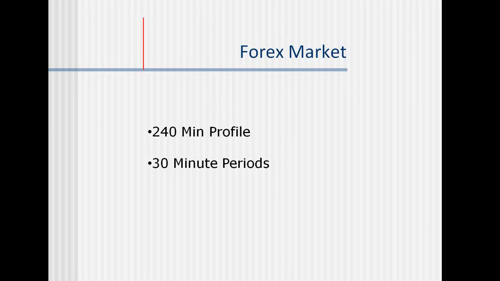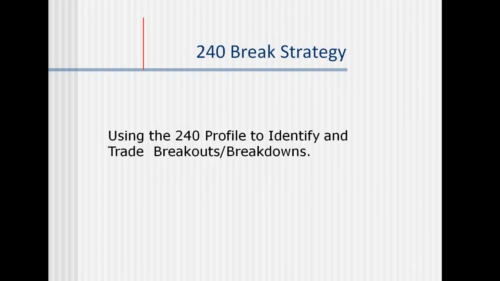I will instead be using a 240-minute profile and 30-minute periods, and we're going to be looking at what we call the 240 break strategy. The 240-minute profile is more in alignment with an intraday move in the Forex market, which is a 24-hour market.